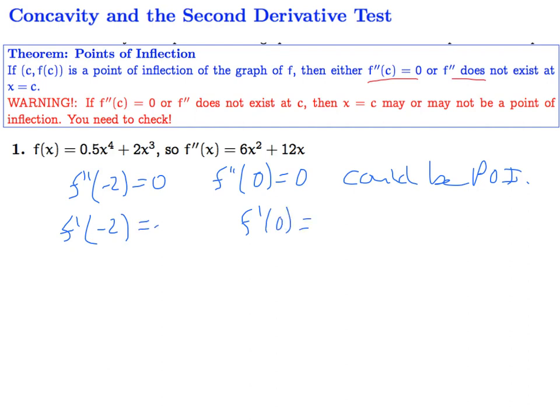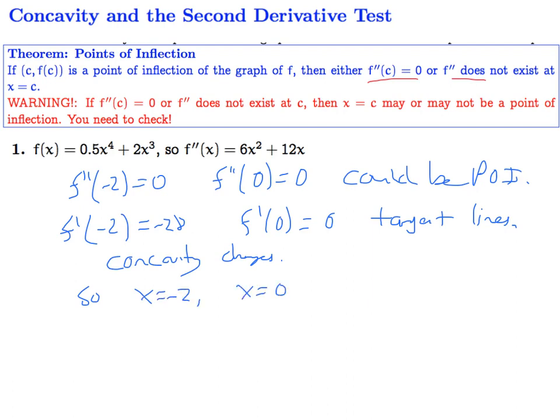As it turns out, you can for both of these. You're going to get tangent lines. And also, we need to check, does the concavity change? If we look at our previous example, yes indeed, the concavity changes here. So x equals -2 and x equals 0 are points of inflection.